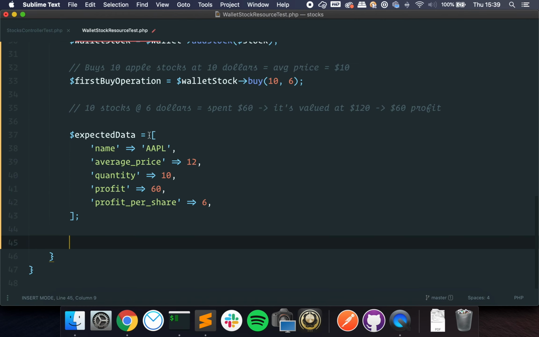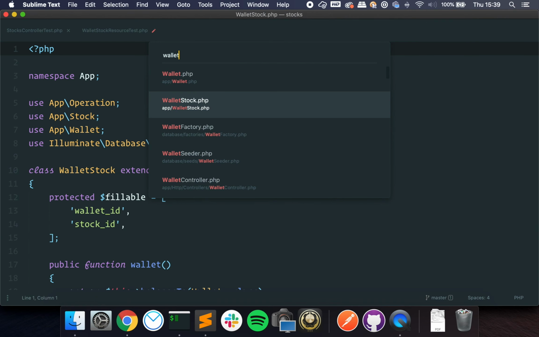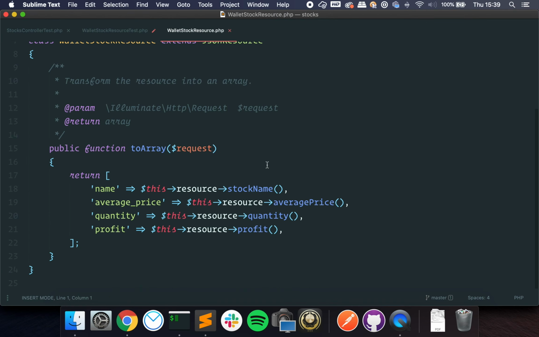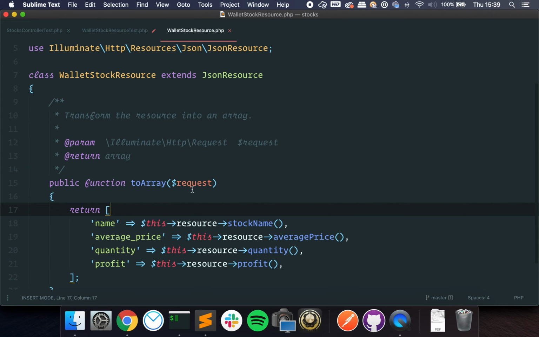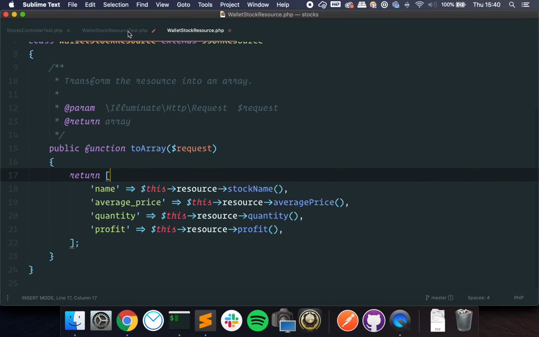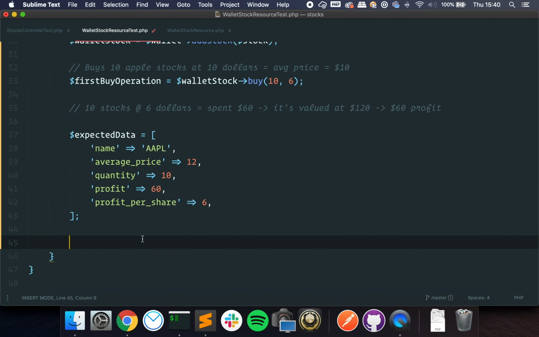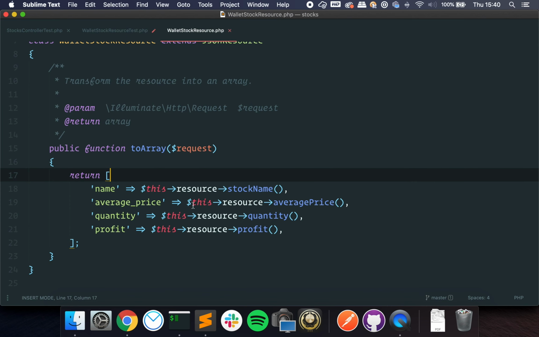So we want the resource to return this. So let's take a look at the resource class. Okay, so it's pretty clear that we want to call this toArray method. So we can pass an empty request, you know, but there's another way to do this, and that's what I like to do.